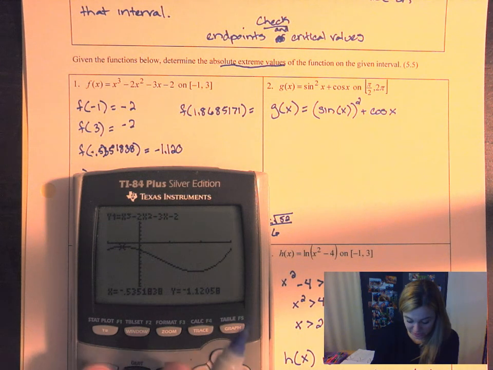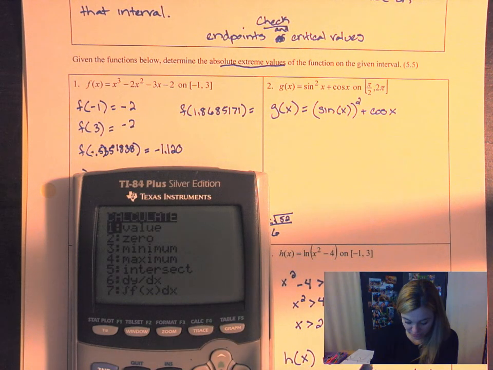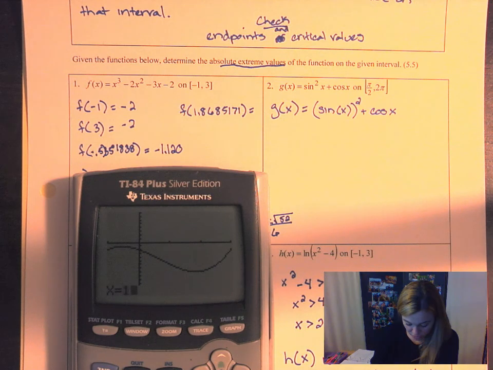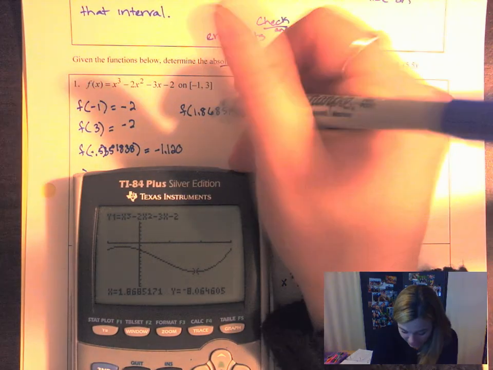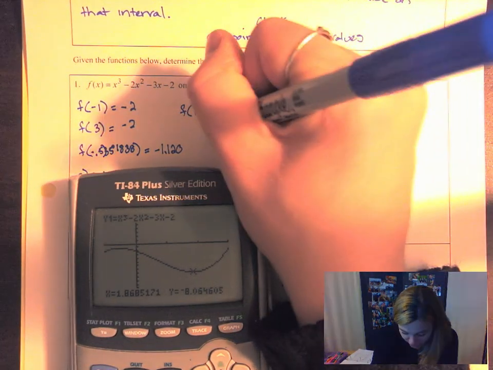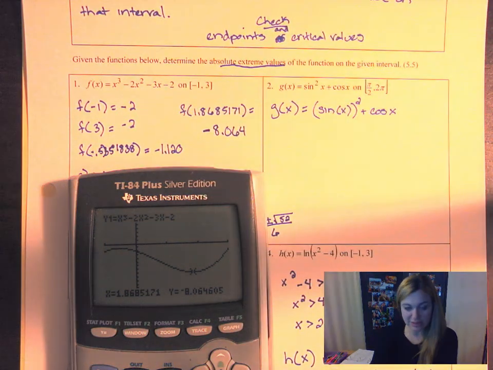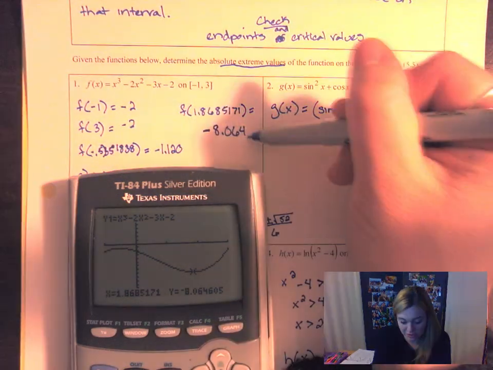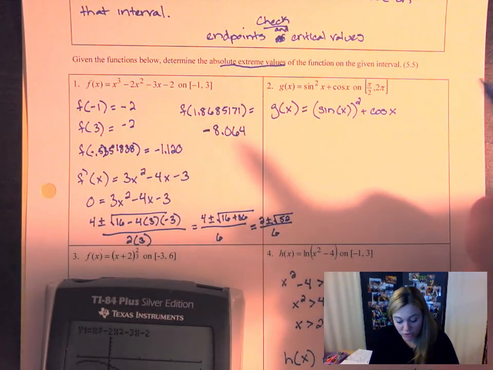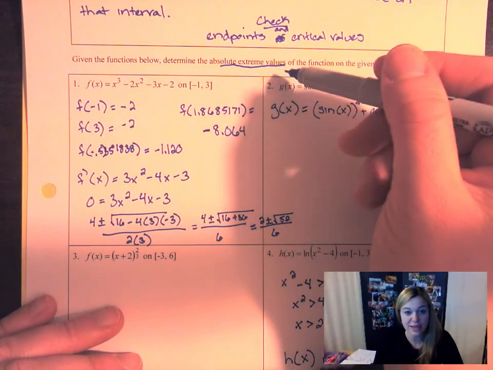And then the other one, second, calculate, value 1.8685171, and I get this y value of -8.064, and I could say 605, or I could have rounded this one. Okay, so I did all of this work, and it says determine the absolute extrema.